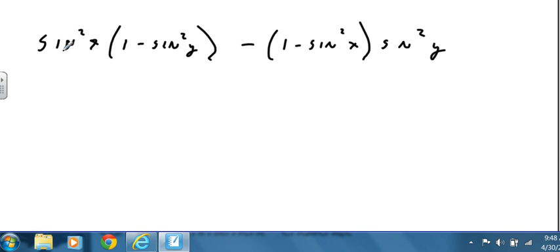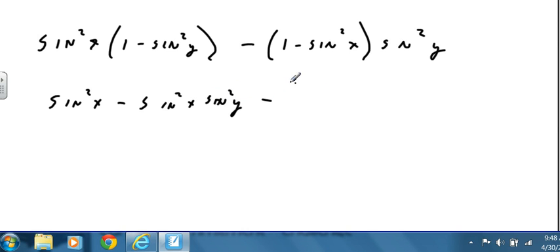All right, so now I've got sine squared x minus sine to the 4th. No, not sine to the 4th. Sine squared x sine squared y.